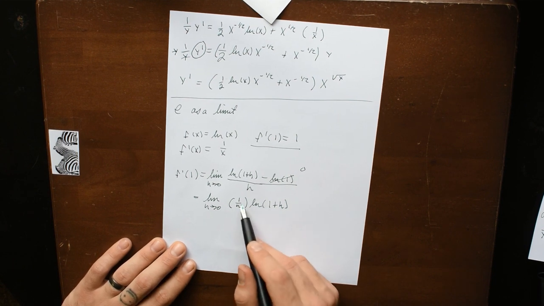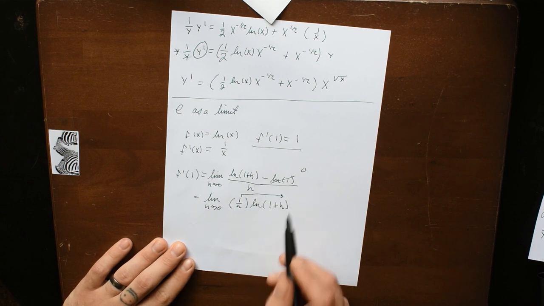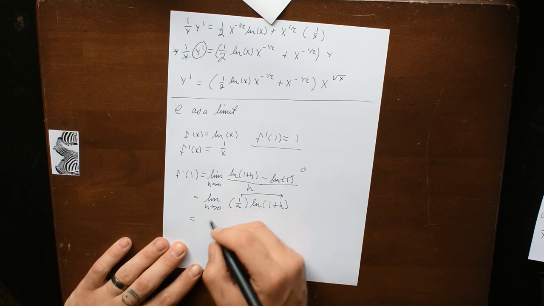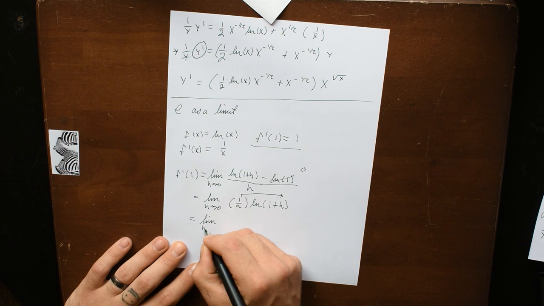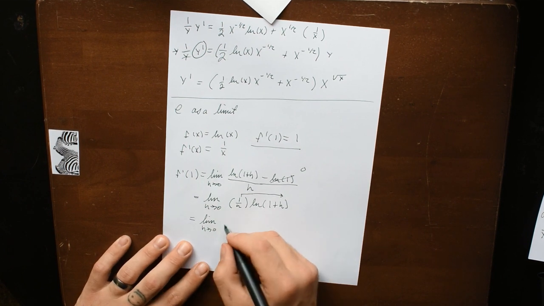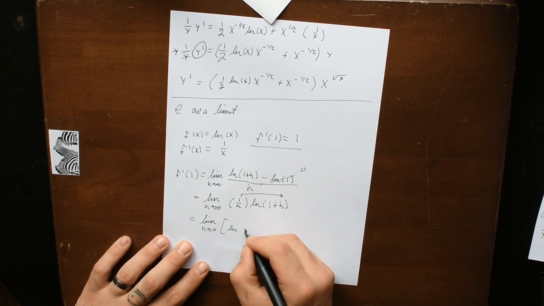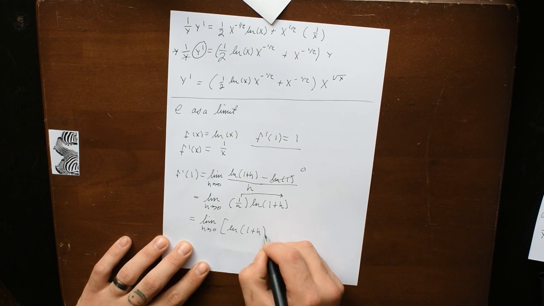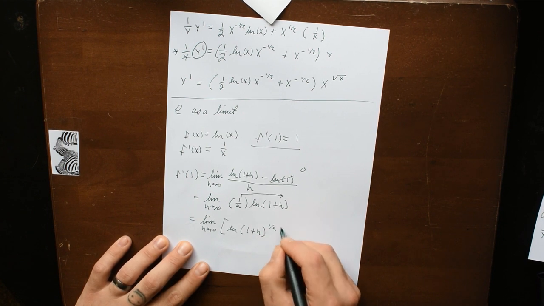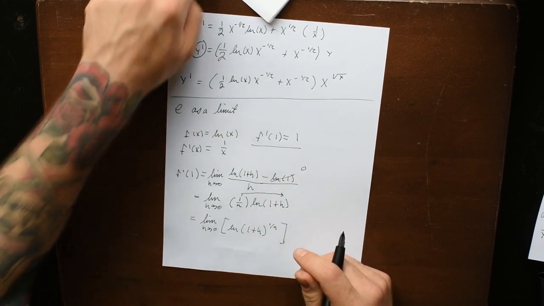Well, coefficients can be raised up to exponents. So this is equal to the limit as h goes off to 0 of the natural log of 1 plus h all to the 1 over h. Perfect.